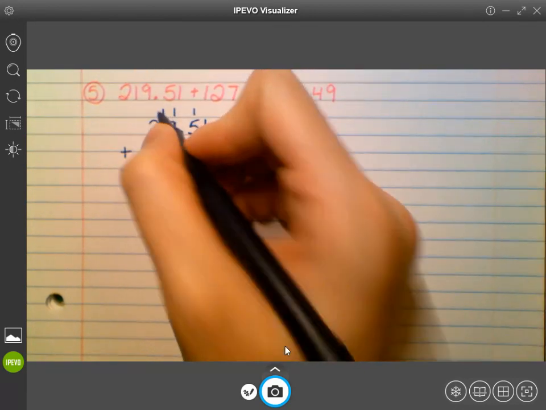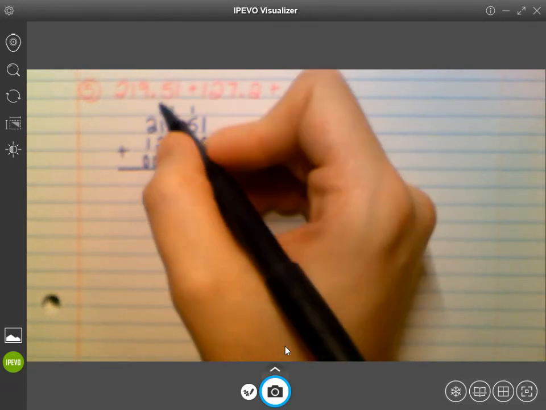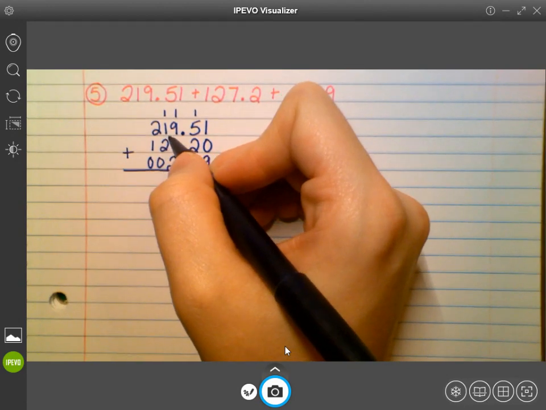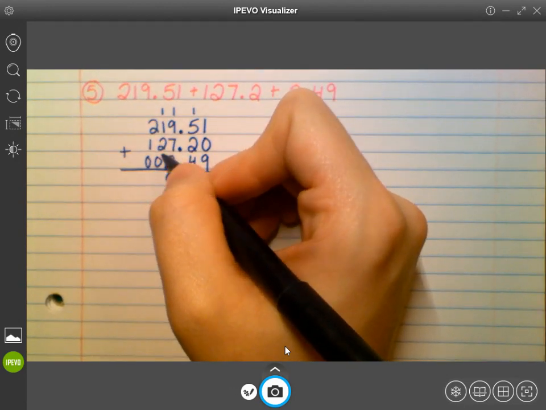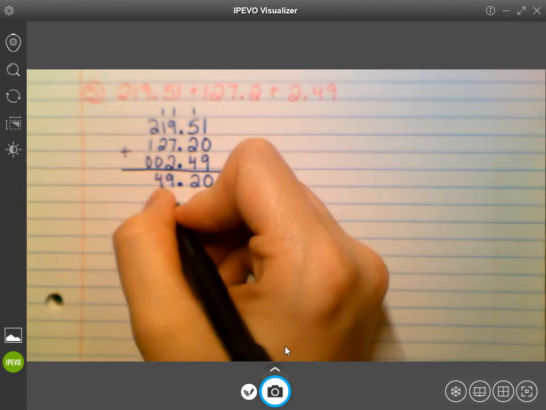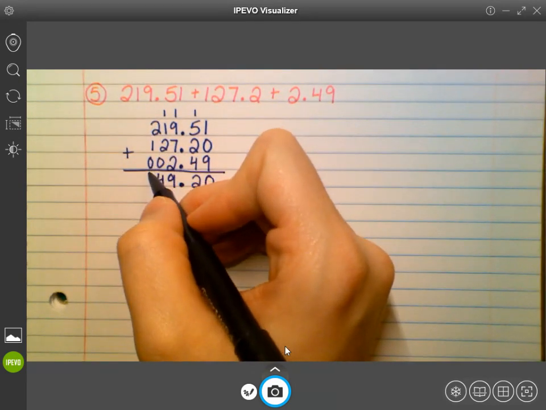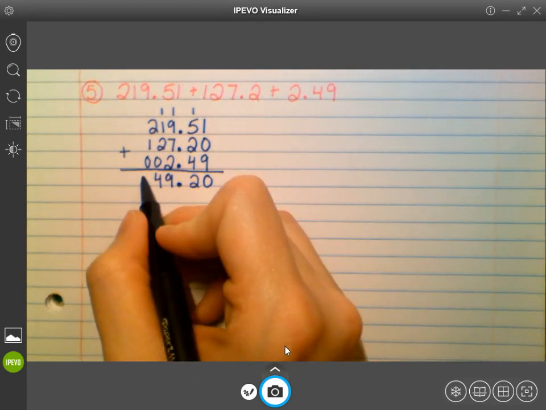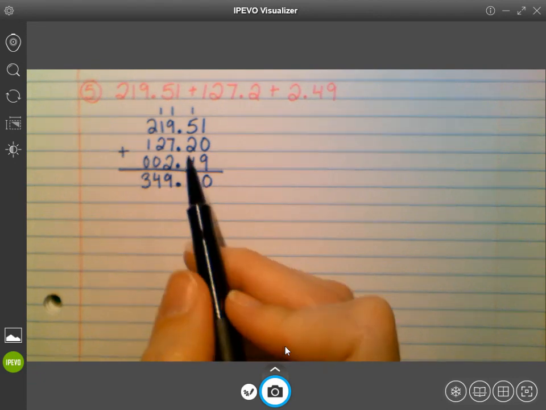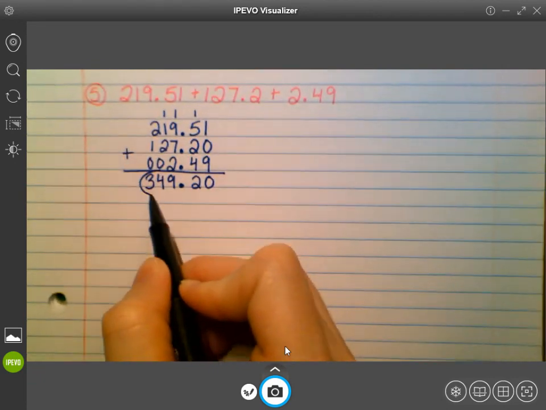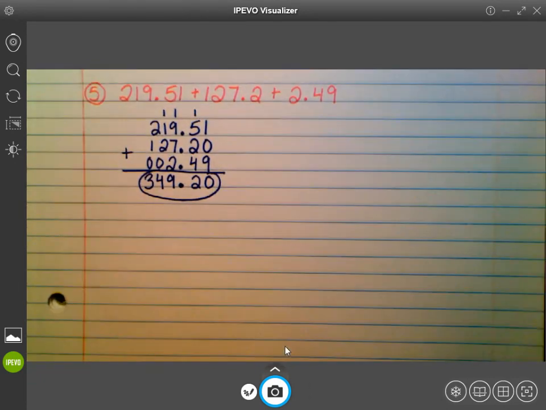So carry the 1, bring down the 9. 1 plus 1 is 2, plus 2, 4, and then we have a 0, so it would be 4. And then we have 2 plus 1 plus 0, which is 3. 349 and 20 hundredths. Raise your hand if you got number 5 correct.